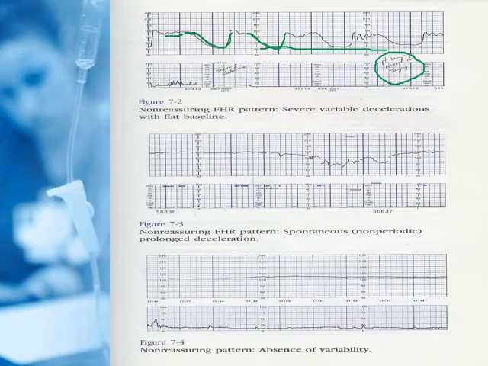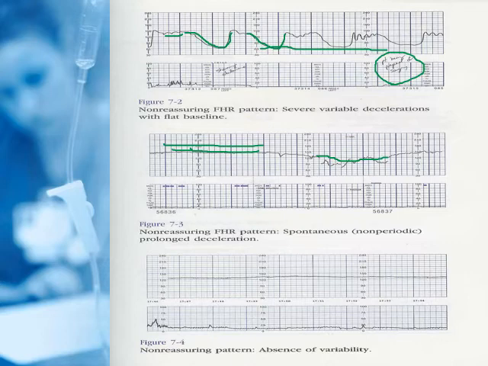Okay, so down here, what do you see? What is the baseline? Looks like 150 if I'm reading my numbers right. Yeah, that's 150 there. And is there much change in that baseline? Is it pretty straight across? It's pretty minimal variability. It's not totally flat, but it's definitely minimal. So then on that minimal variability, you add a 1-2 minute long deceleration.